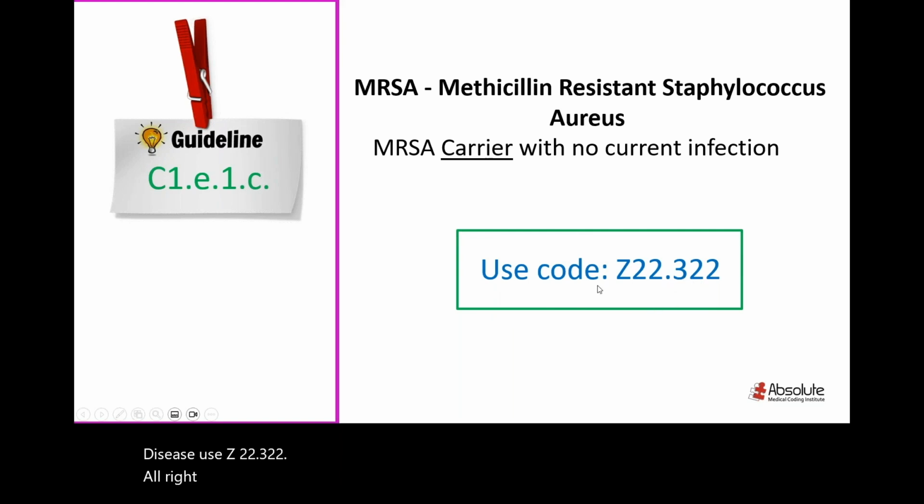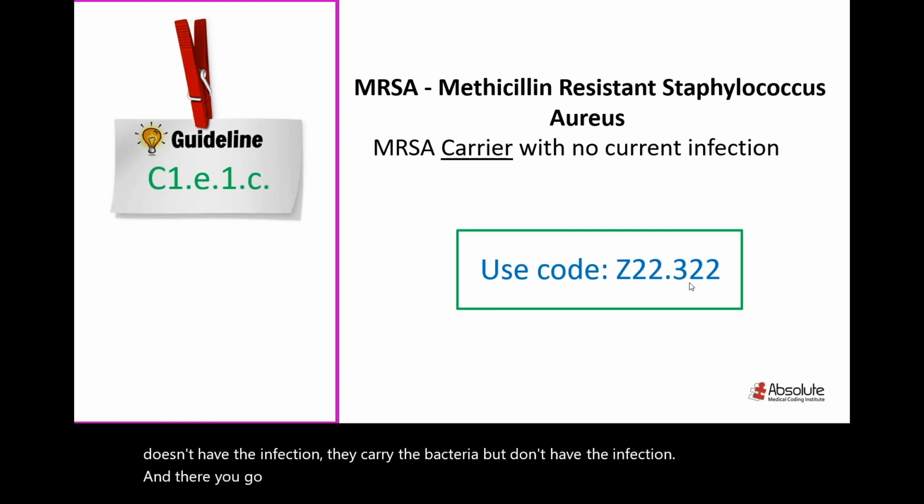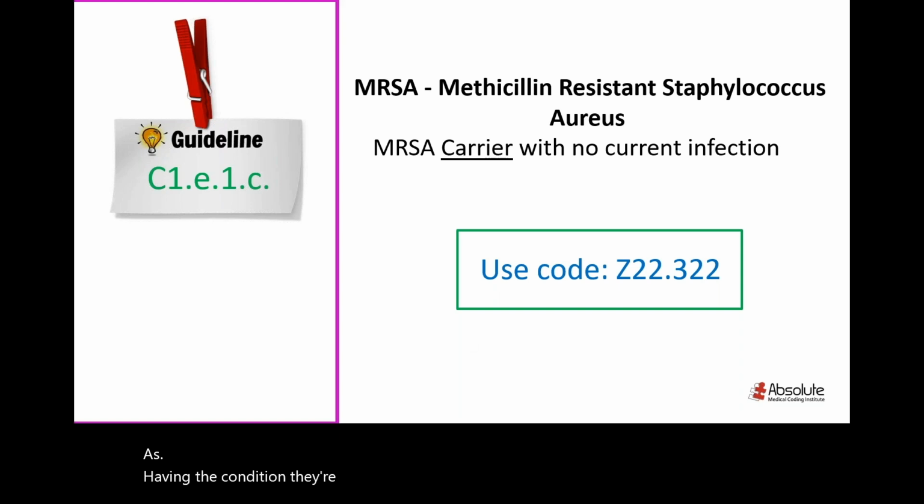All right, so we're going to say MRSA bacteria. So if this patient is a carrier but doesn't have the infection, they carry the bacteria but don't have the infection, then there you go, Z22.322. And don't code it as having the condition. They're just the carrier.